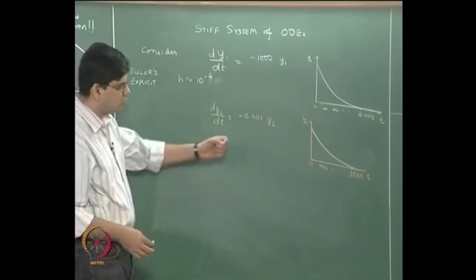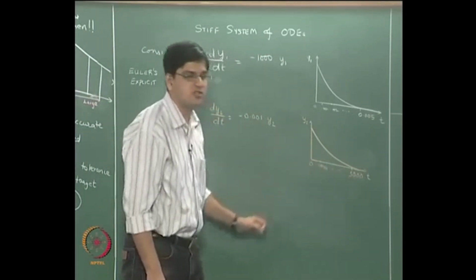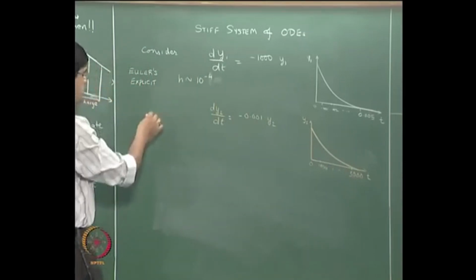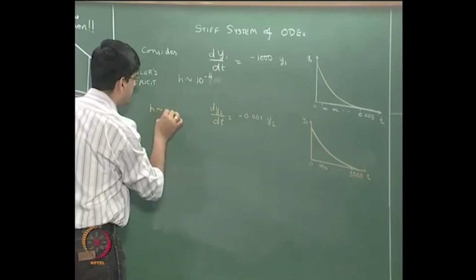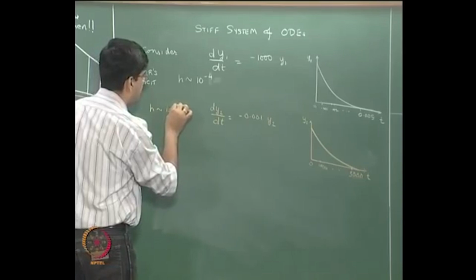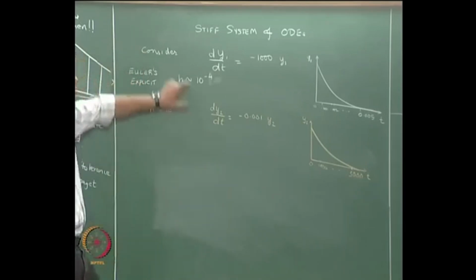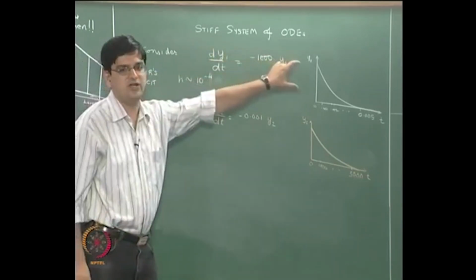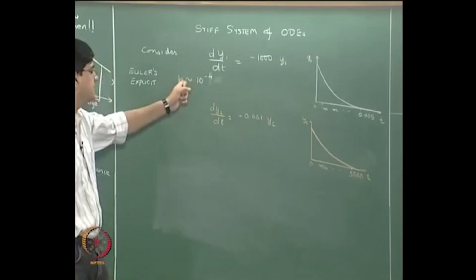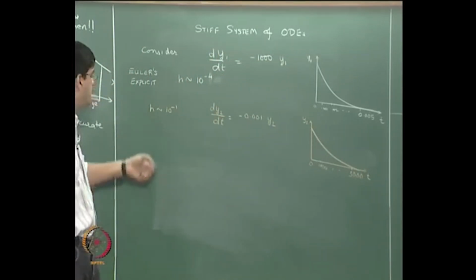Okay. Now we do not want to take so many steps for this method. As a result, the h for this system we will take of the order of 10 to the power 2.